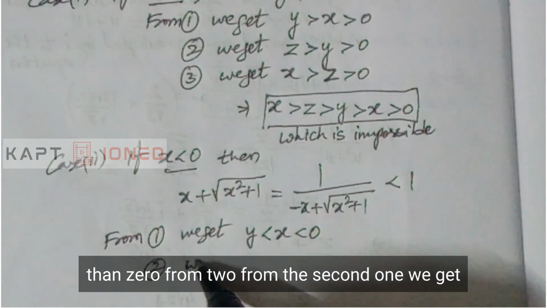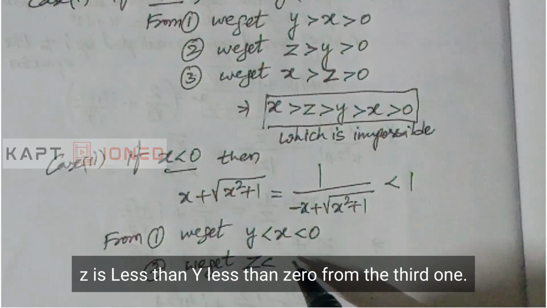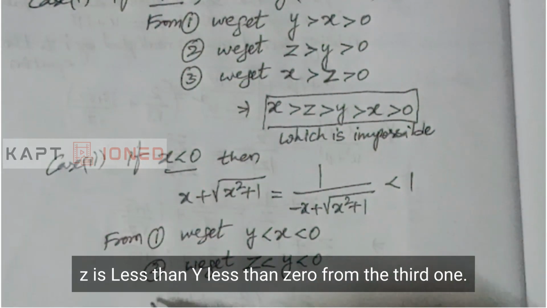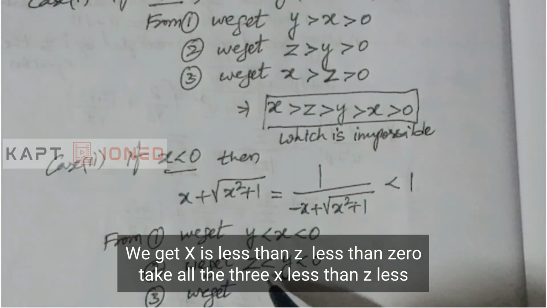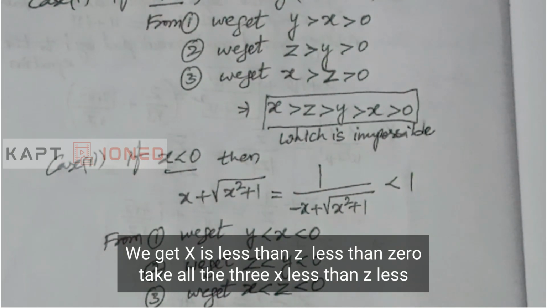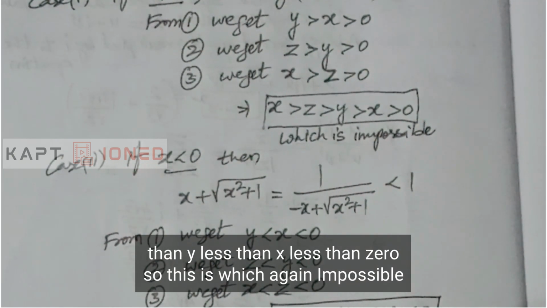From the second one we get z is less than y less than 0. From the third one we get x is less than z less than 0. If you take all three, x less than z less than y less than x less than 0, which is again impossible.